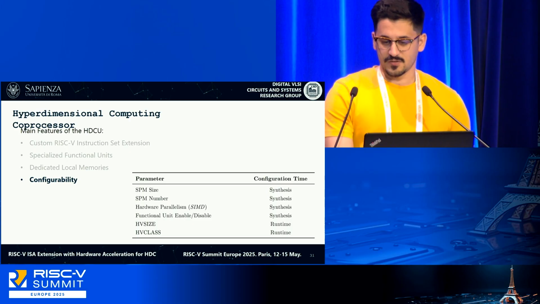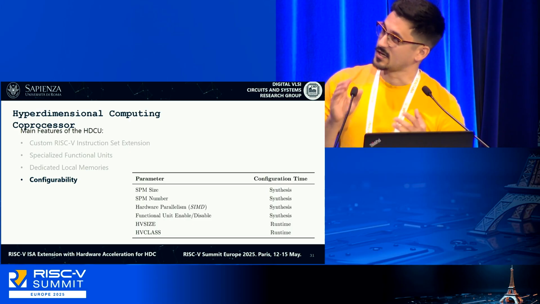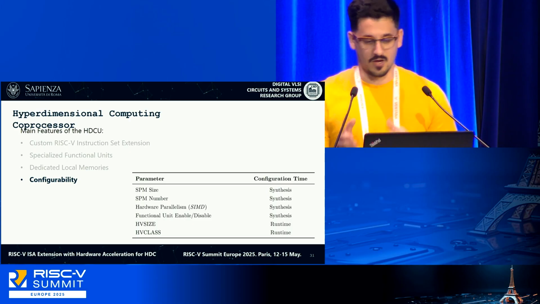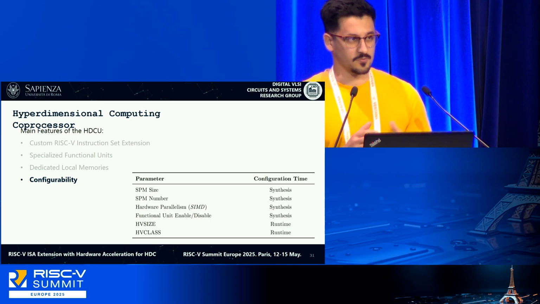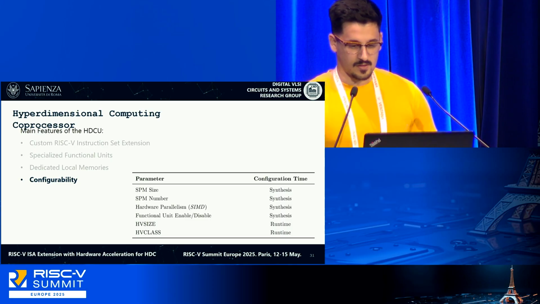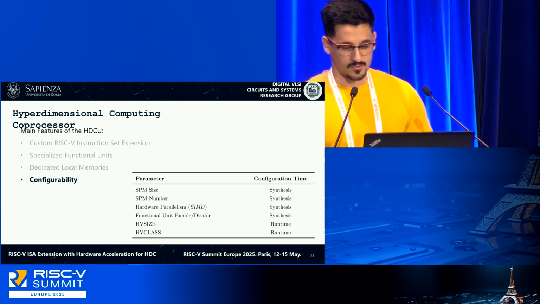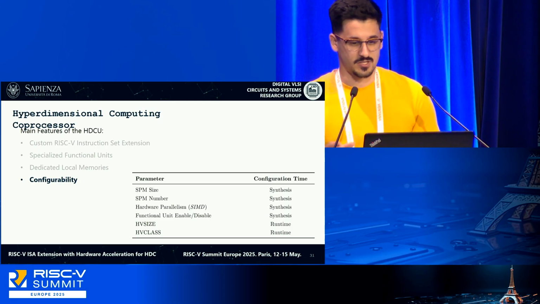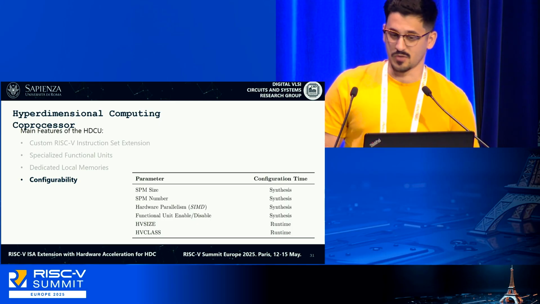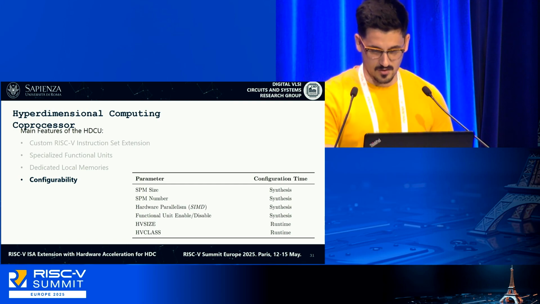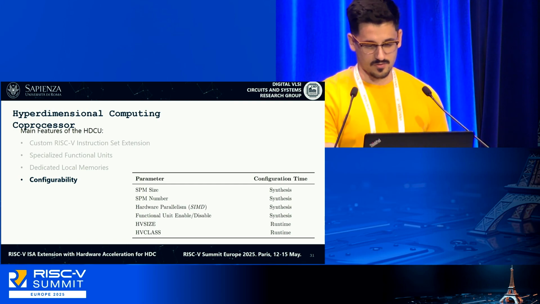Another important feature is the ability to selectively enable or disable a functional unit based on the application. For example, if the application doesn't need the permutation unit, we can disable it and save area and power consumption.